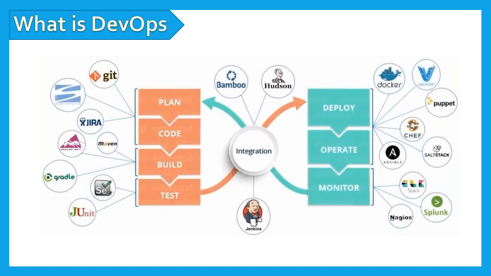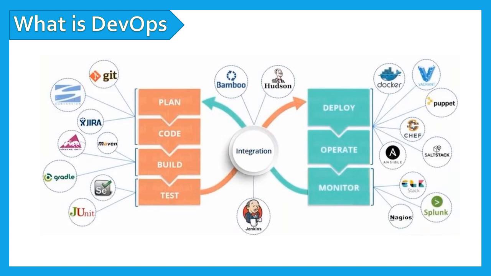And how does this happen? This happens because of various stages and tools involved in DevOps. So, here is a diagram which is nothing but an infinite loop, because everything happens continuously in DevOps.